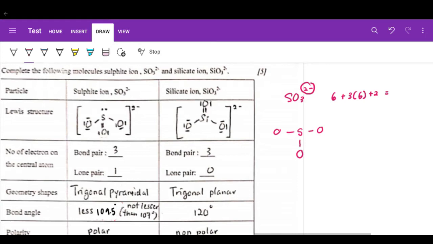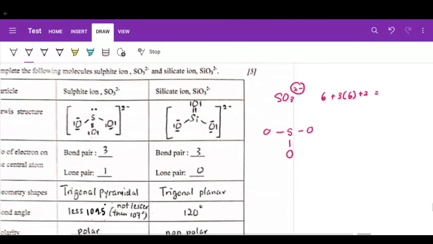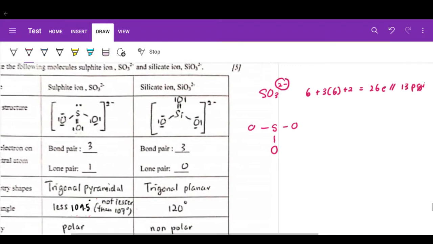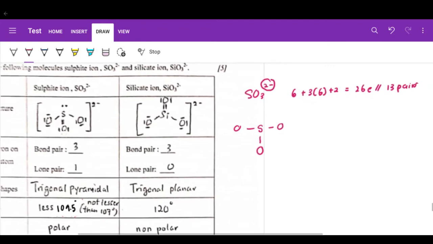So the total valence electrons is 24, plus 2, 26. Okay, 26 electrons or 13 pairs.